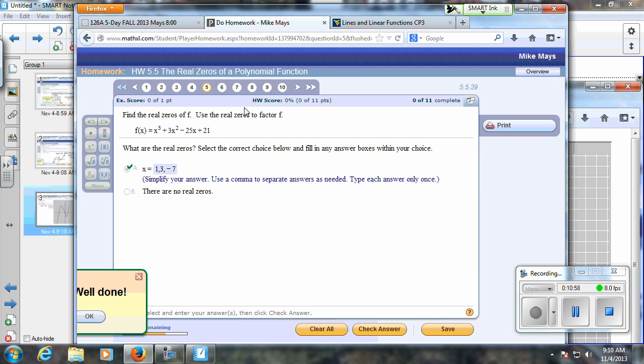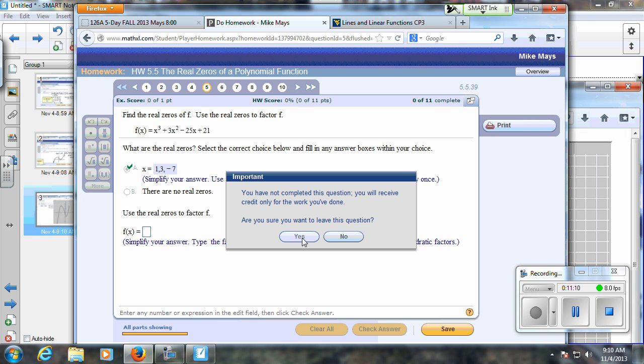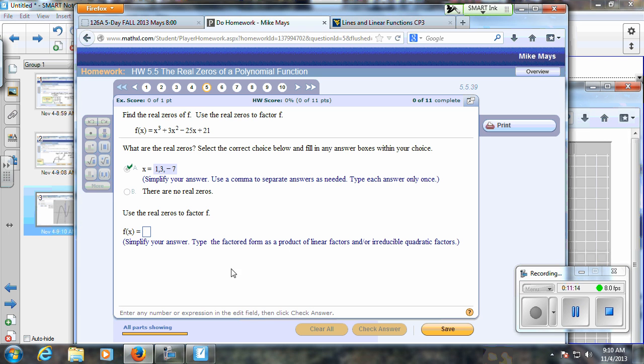Let's look at one where maybe we're going to look at a more complicated version. Try number 9. Okay, so here's something else that I can do. I see, use the real zeros to factor f. So I should do that, and that's what I was talking about before.